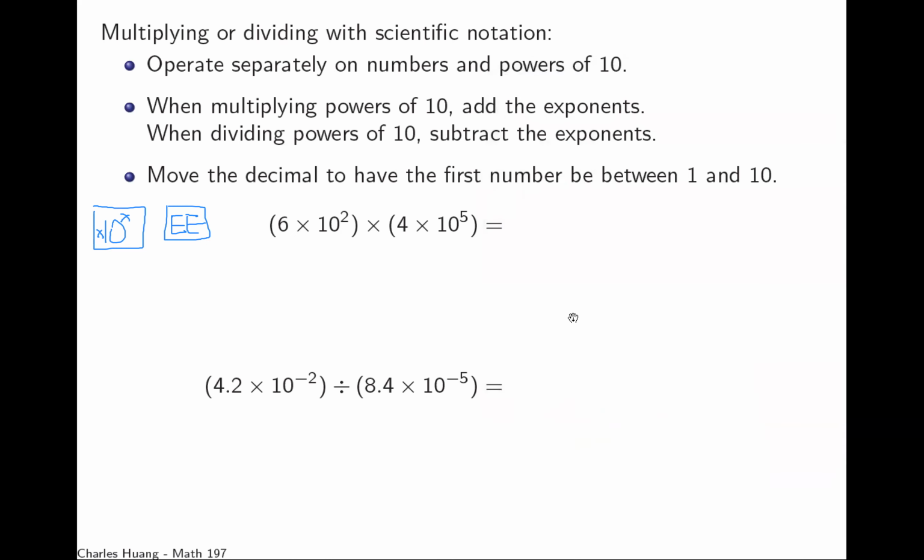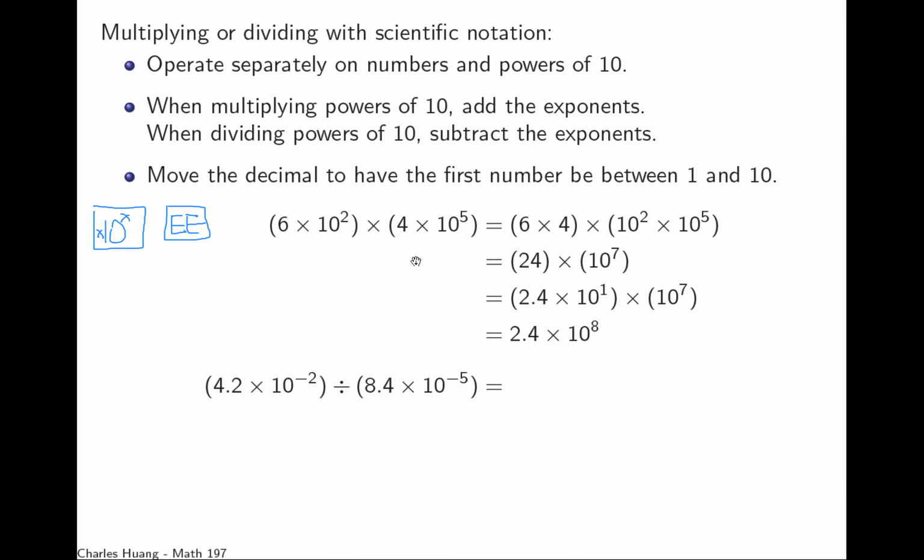Now, let's say you don't have your calculator. What you have to do is multiply the numbers in the front separately from the exponents of 10. When you multiply the exponents of 10, add up the exponents. So that becomes an exponent of 7. So I have 24 times 10 to the power 7.